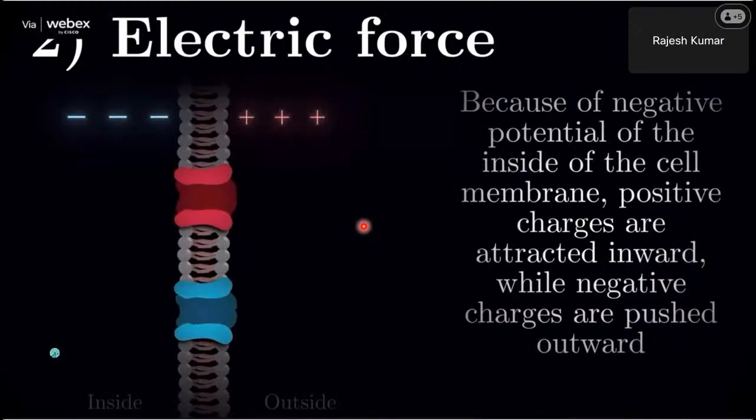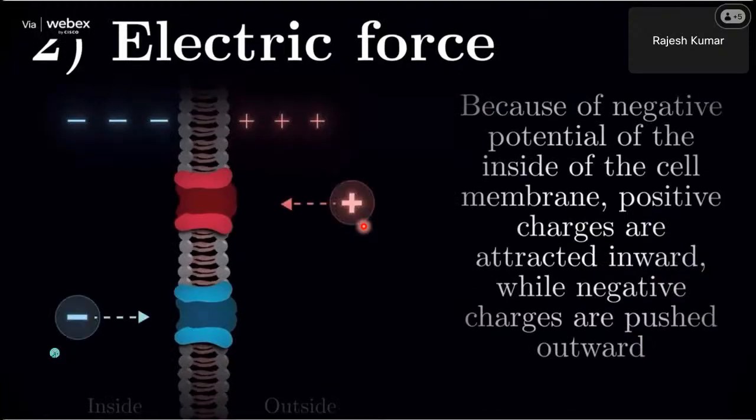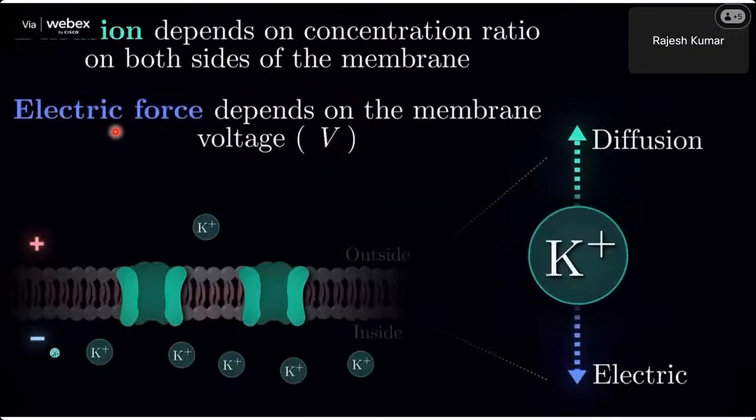If we talk about this one, there are negative ions here and not there, so there is a force which pushes the negative ions to the other side because of diffusion. And because this side is positive and this is negative, there is an electrical force which attracts the negative ions to this side, and here the positive ones push positive ions to the other side. That is what is happening here.